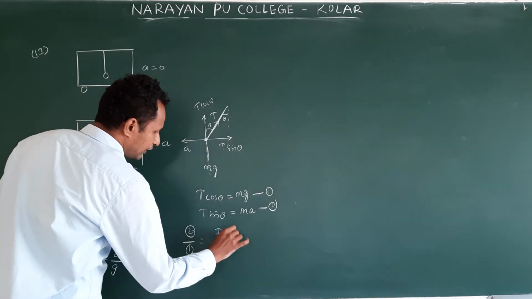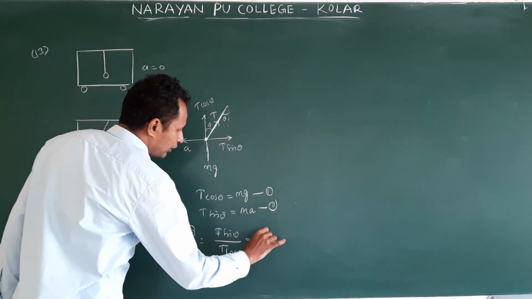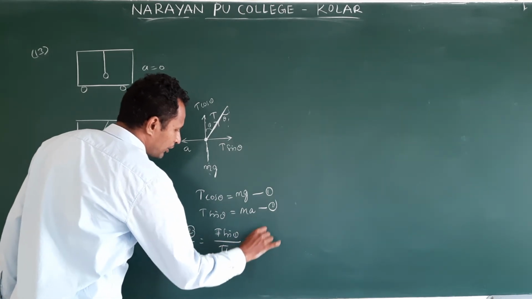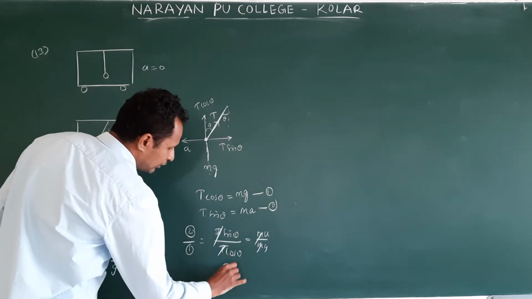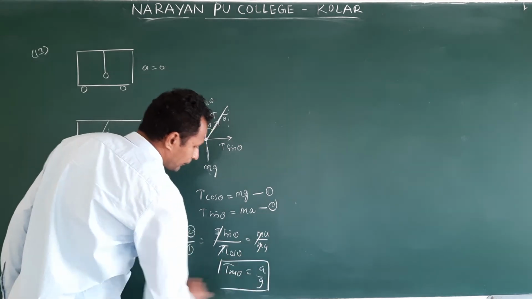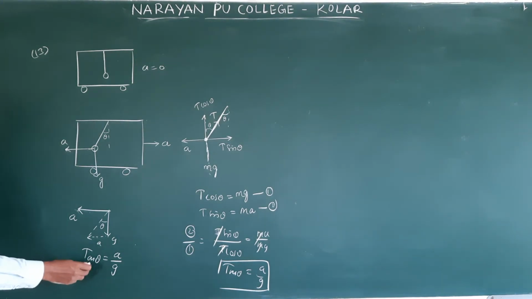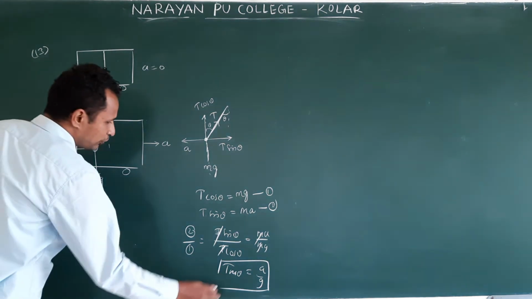T sin theta by T cos theta is equal to ma by mg. m cancels, T cancels. Tan theta is equal to a by g. Right? This is another one. You can follow this or this one.